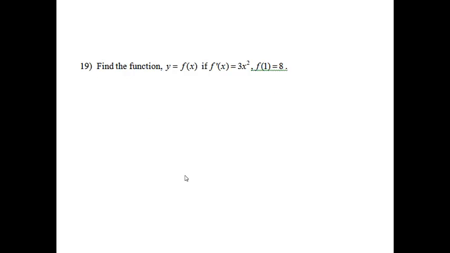All right, number 19, find the function y equals f of x if f prime of x is equal to 3x squared and f of 1 is equal to 8. So I notice that I'm at the derivative and I need to just get to the original. So to get from f prime to the original, I'm going to take the integral of 3x squared.